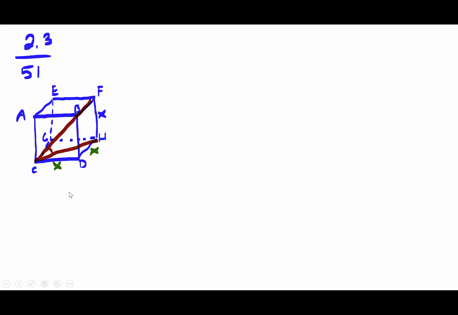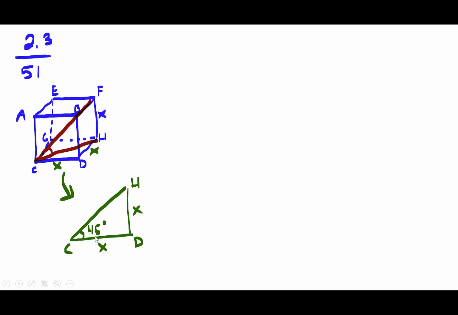So let me diagram it out over here. This will be CDH. We know x and x is right over here. We also know D is the 90-degree angle. And we're trying to find this right here. But if this is x and that's x, isn't this a 45-degree angle?